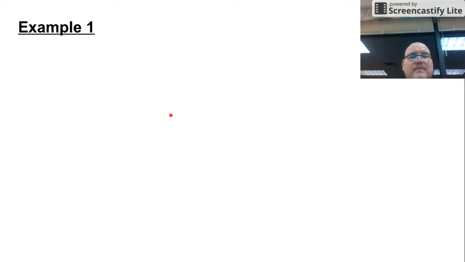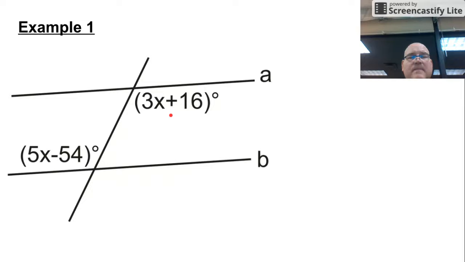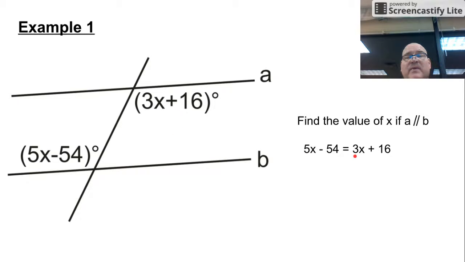Example 1. Find the value of x if A is parallel to B. Well, notice that these two angles are alternate interior angles, and by the alternate interior angles theorem, they must be congruent. So we could say that 5x minus 54 would equal 3x plus 16, and then we'll solve it.